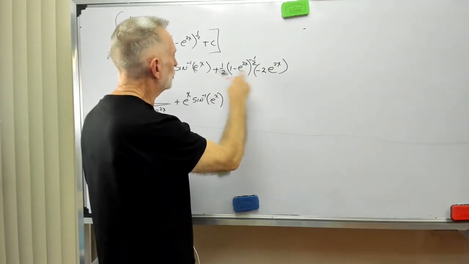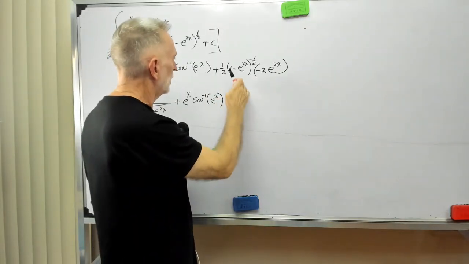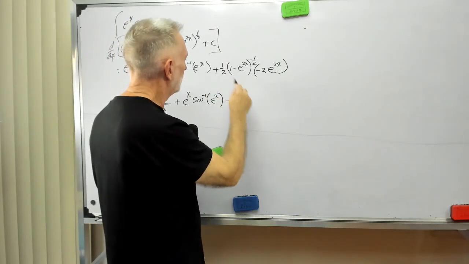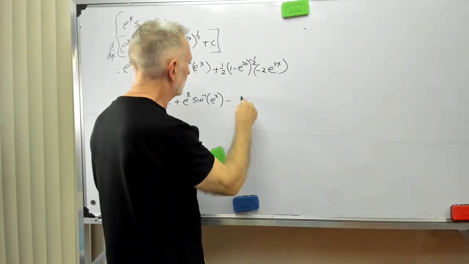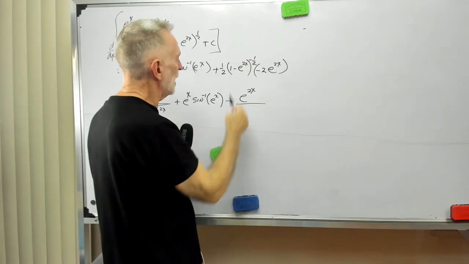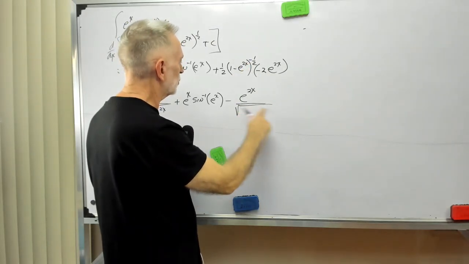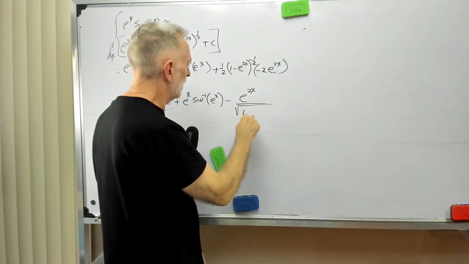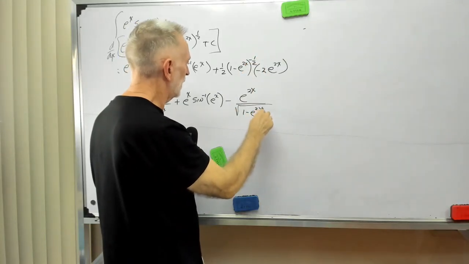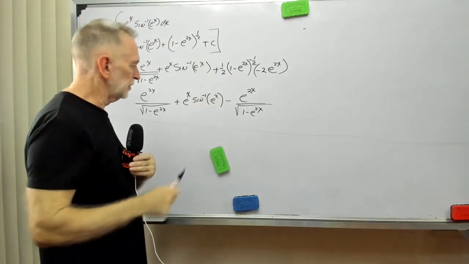A negative 2 times 1/2 gives me a minus 1, times e to the 2x. And then this is to the minus 1/2, so I take it to the denominator: the square root, that's my 1/2 power, of 1 minus e to the 2x. And of course the derivative of a constant is 0.